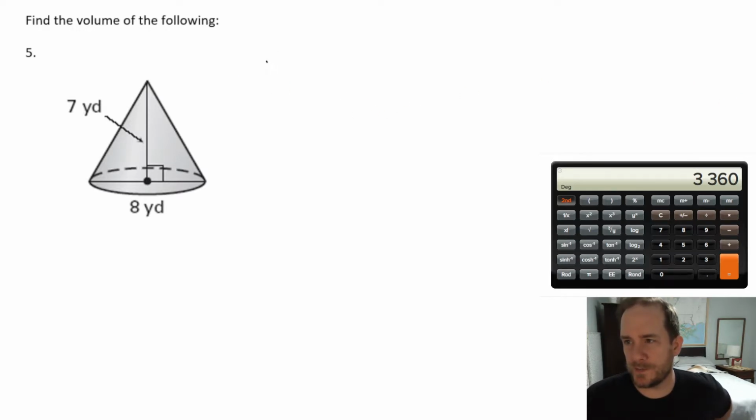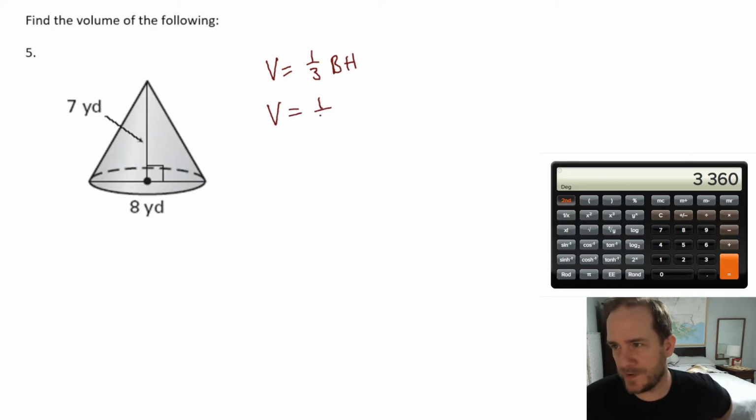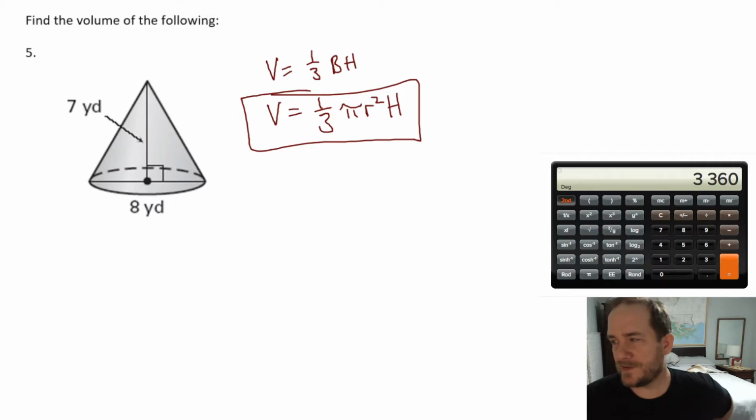So for cones, remember, our formula will still be 1/3 times base times height. And since the base of every cone we're going to deal with is a circle, that means our formula is basically going to be 1/3 times pi r squared times height. So that's our formula.